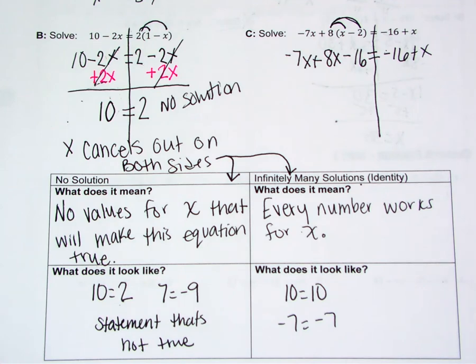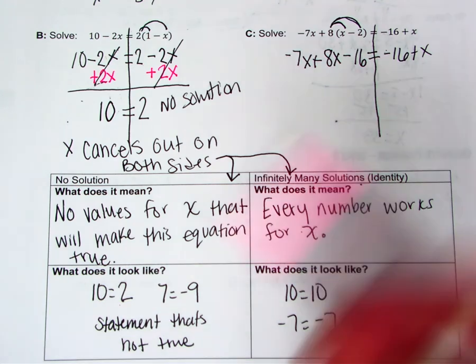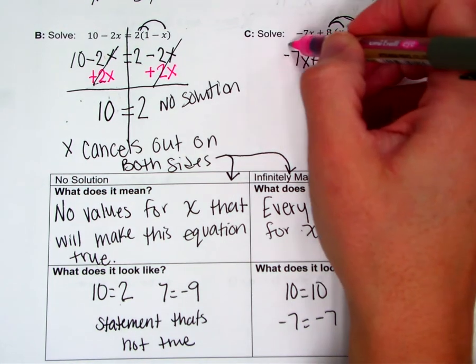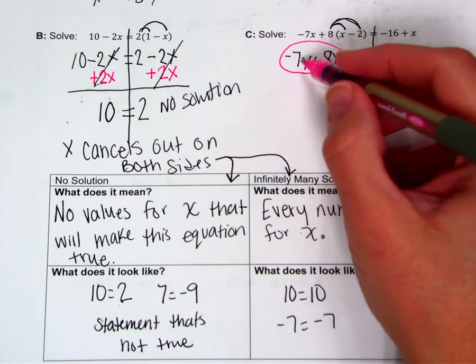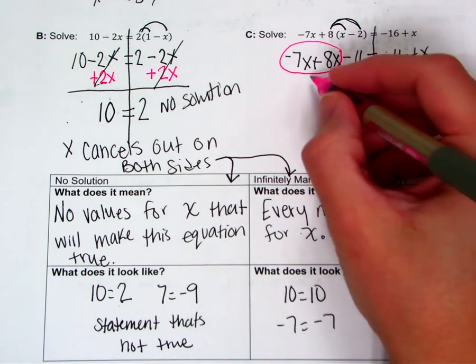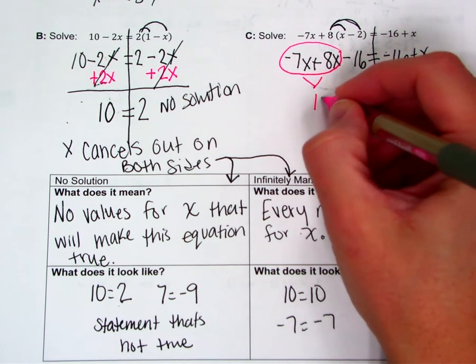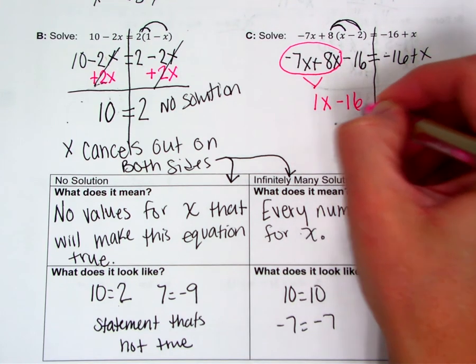I just recopy that right-hand side. Then this problem has a combining like terms element to it as well, because I have 2 x's on the same side, so I can put them together. So -7x plus 8x, that is a 1x. So I'm going to put those together.